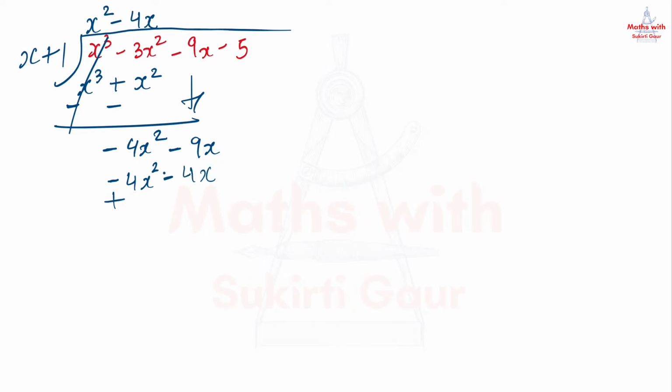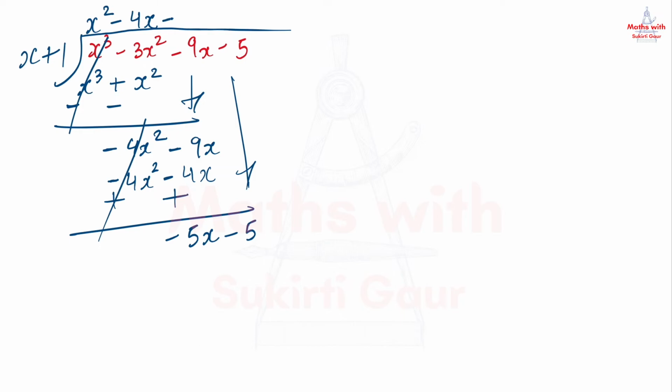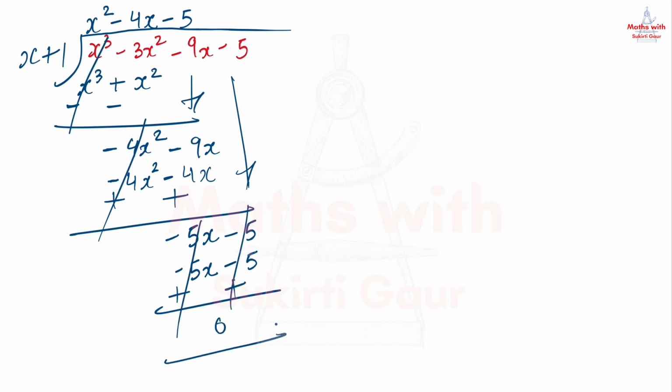Now this will become plus, this will become plus, and it will get cancelled out. Here we will be left with minus 5x, right? Minus 5 will get down here, and we will be taking minus 5 now, such that we will be getting minus 5x minus 5. Now it will become plus, getting cancelled out, and we are left with 0.